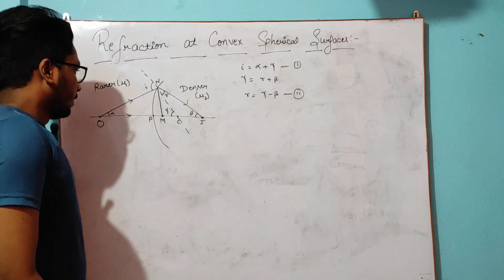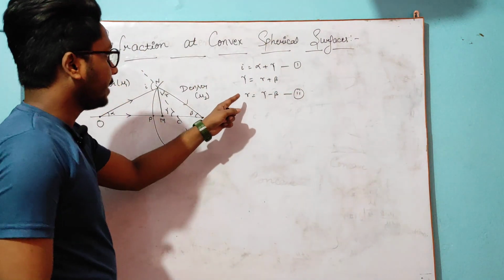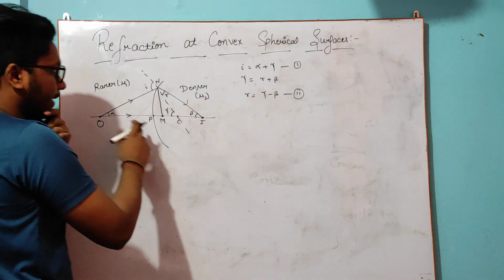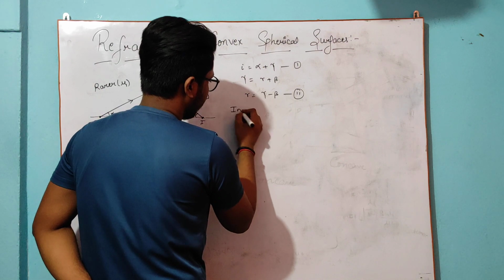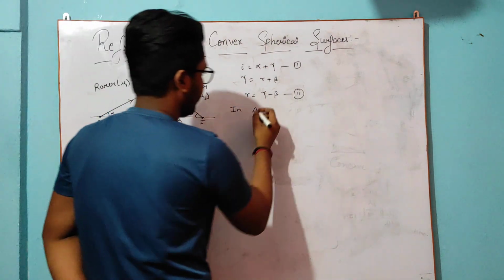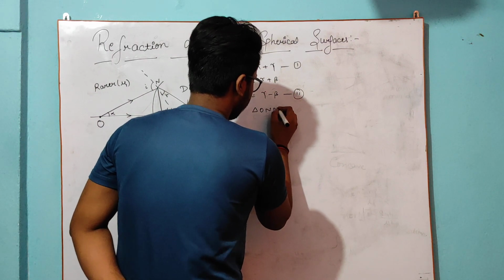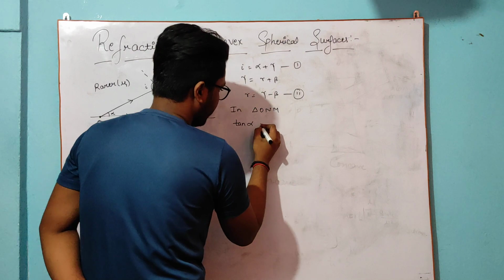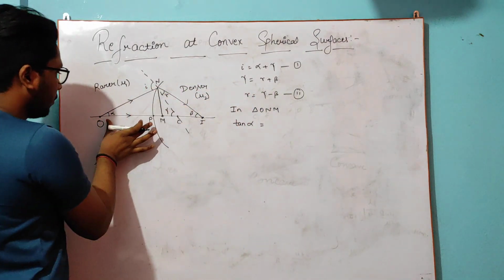Now, next we are going to find the values of these angles. In triangle ONM, tan alpha is perpendicular upon base.